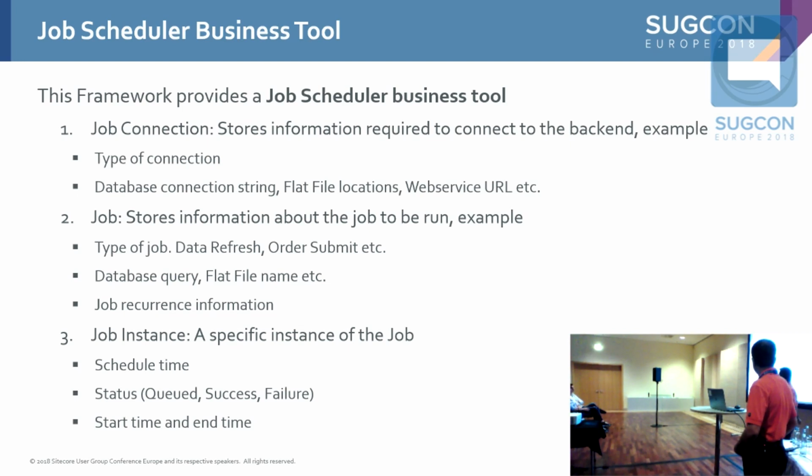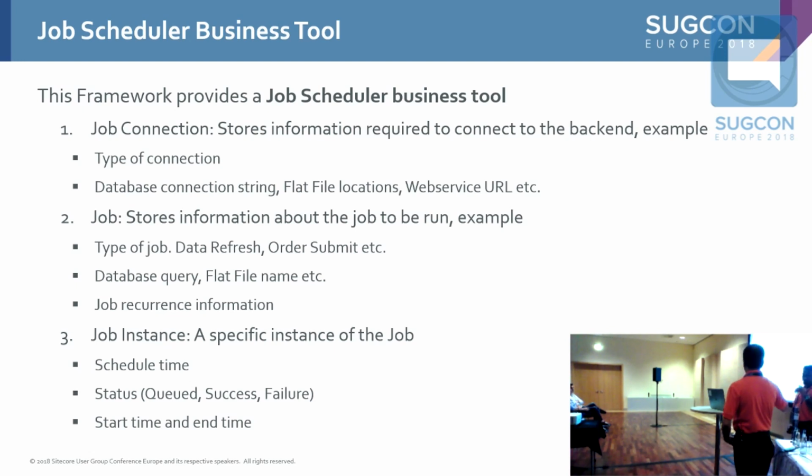Same thing with inventory, you can have a real-time inventory or scheduled refresh jobs. You can also view the status of the job, whether it's queued, failed or succeeded, and define the start and end time of the job. So job instance is just a specific instance of that job.